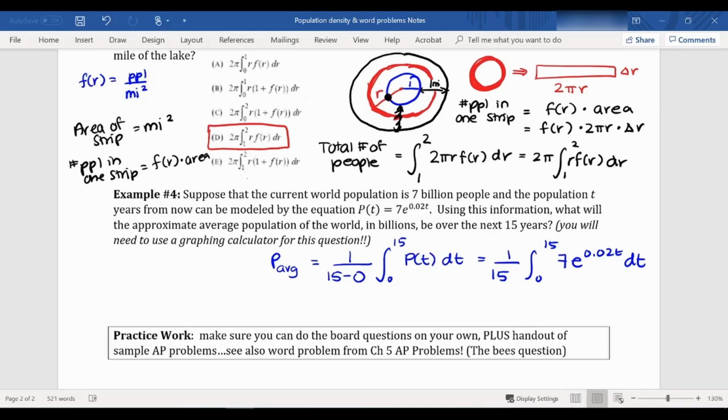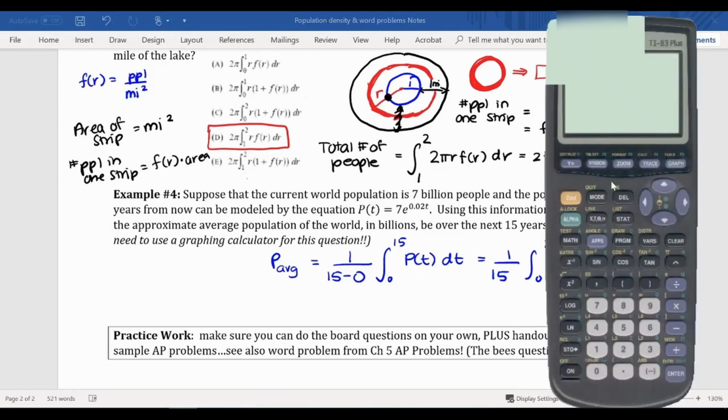So if I use my calculator, I'm going to use my math button, go down to integral, and enter this equation, which is 7 times e, which is down here by the ln, to the 0.02t, or x, close my bracket, using the variable x, going from 0 to 15.